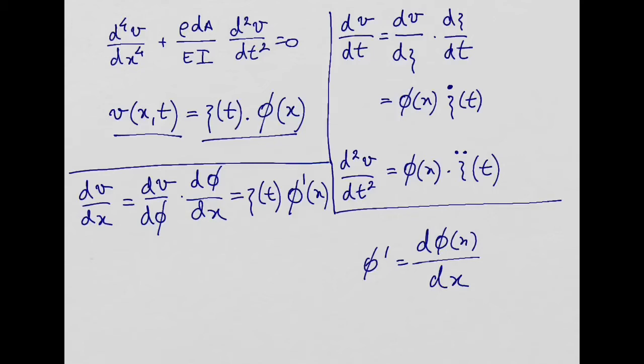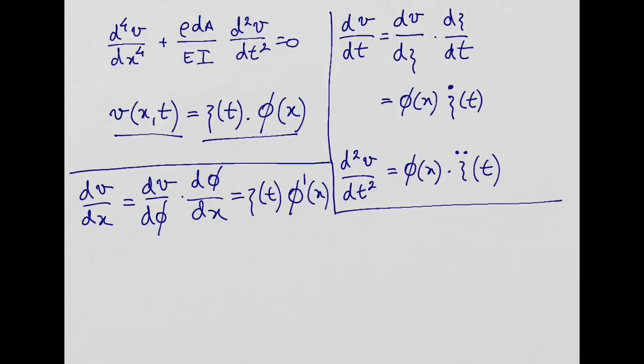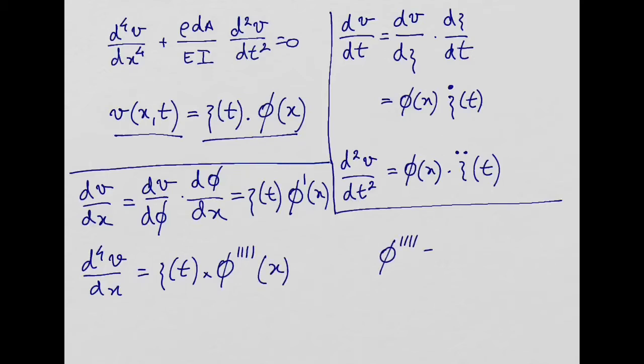Okay, so the fourth derivative of the deflection in order to x is going to be equal to xi times the fourth derivative. Oh, you have 4 primes there of our phi function. So this 4 primes means equal to the fourth derivative of function phi in order to x.